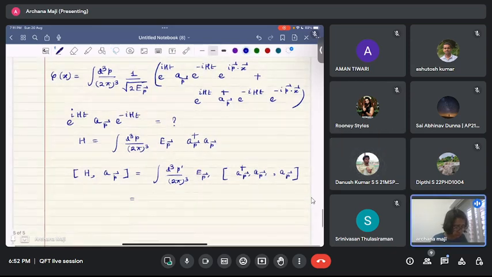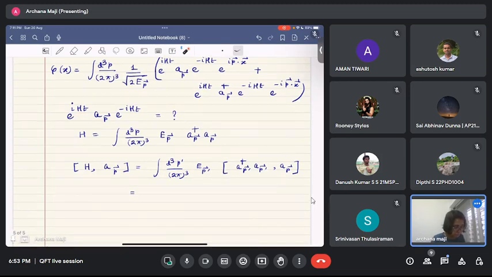In order to do that, I have written down the Hamiltonian that you already derived for our Klein-Gordon field. The Hamiltonian and a_p do not commute, but there is something on the right hand side. That's what I'm trying to figure out right now.